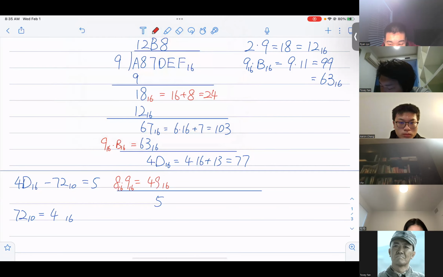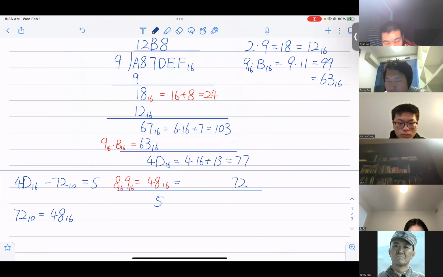So actually for 8. It's actually for 8, right? And 4D 是13嘛？13减8呢就是5。OK。但是呢，这个48 in base 16 is actually just going to be 72.